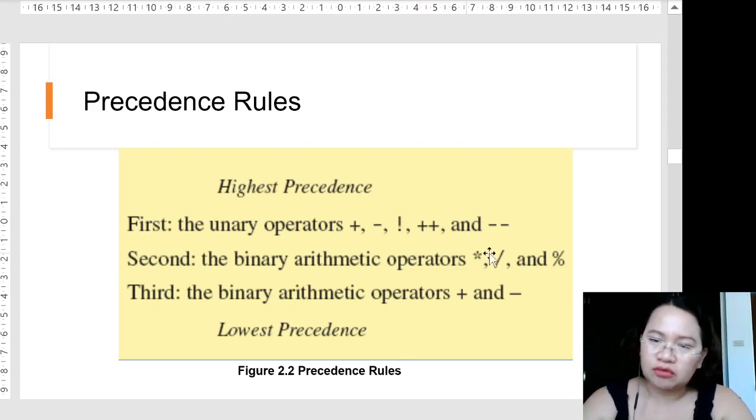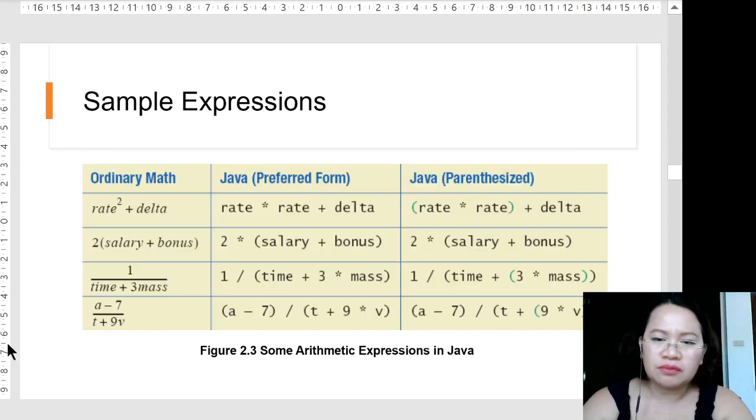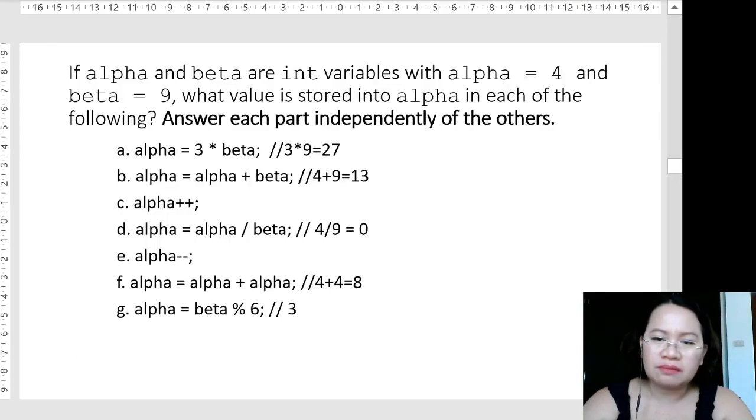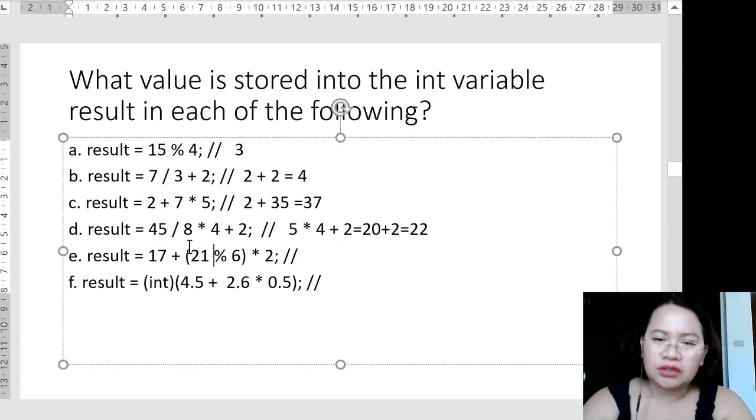Actually, it's even higher than the first ones, no? So it will be done first. So in this example here, we do the modulo first, and then we multiply, and then last the addition.